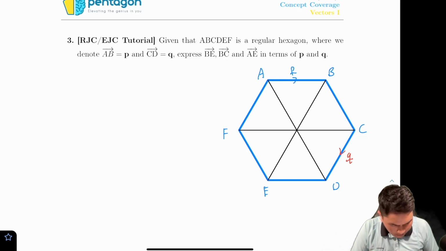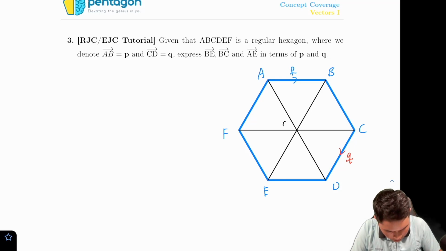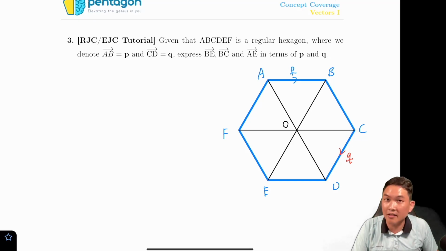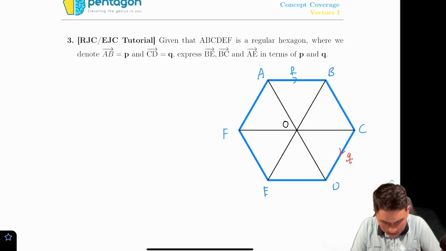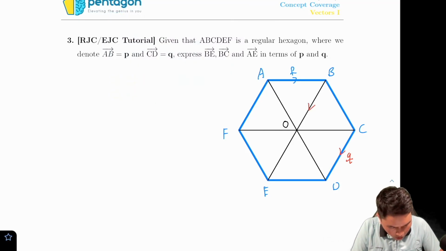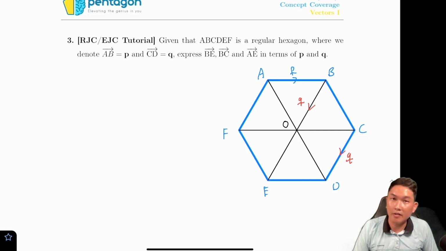Now, if these are equilateral triangles, then I will want to call the center maybe O. Next, you might realize that if these are equilateral triangles, then this and all the other lines here are the same length. And you find that BO specifically has the same length as CD, and it also has the same direction. Since they have the same length and same direction, I can call BO vector Q as well.